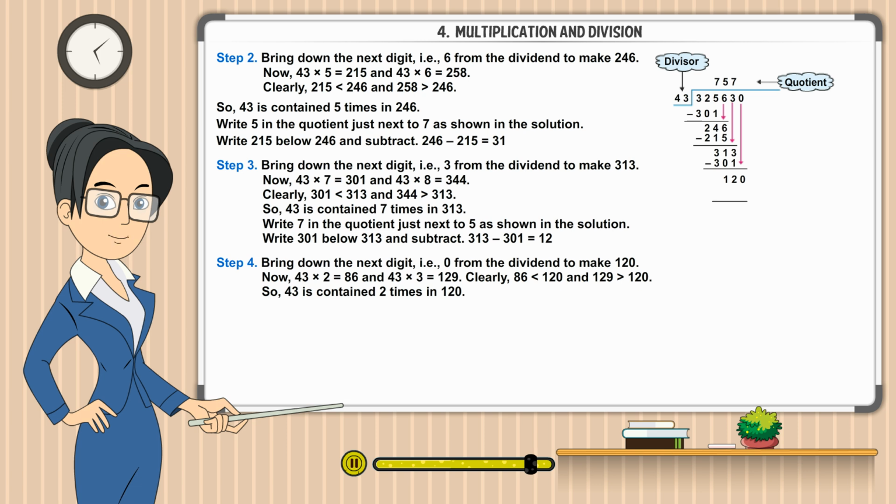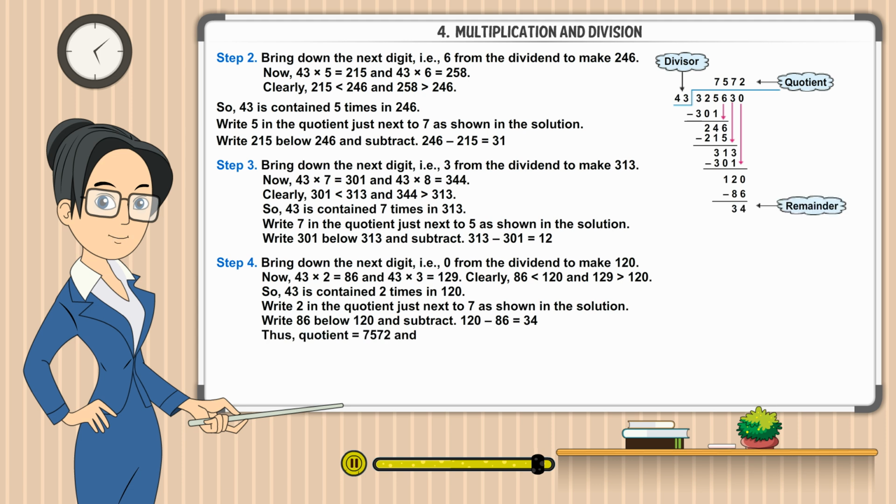So, 43 is contained 2 times in 120. Write 2 in the quotient just next to 7 as shown in the solution. Write 86 below 120 and subtract. 120 minus 86 is equal to 34. Thus, quotient is equal to 7572 and remainder is equal to 34.